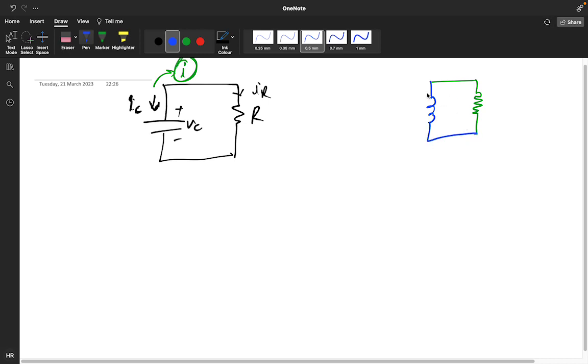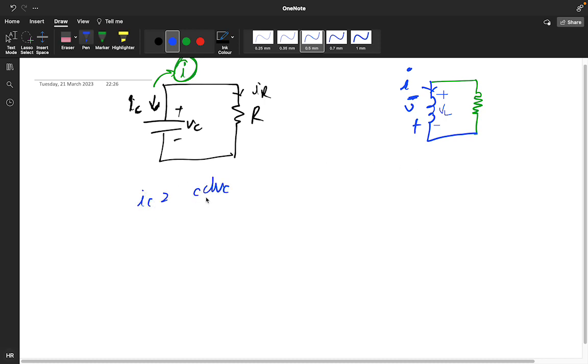You had assumed the current direction like this, and this was your positive negative V of L. But while changing, the voltage polarity is getting reversed. We are getting the negative voltage. This is V.